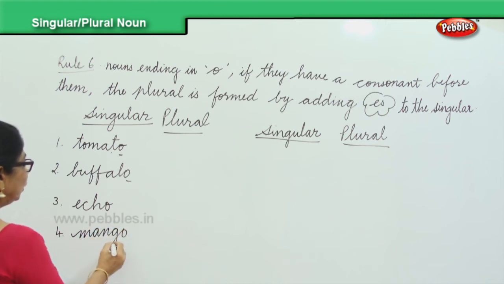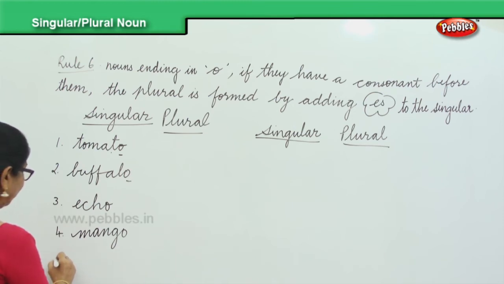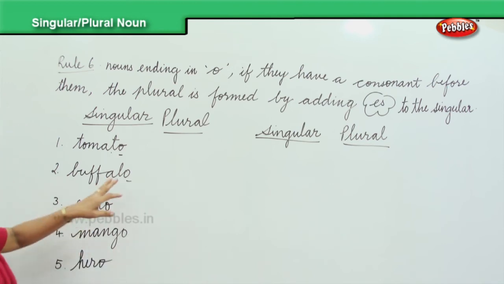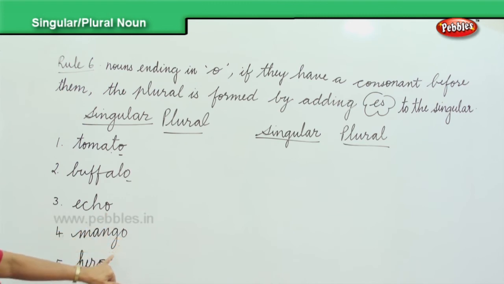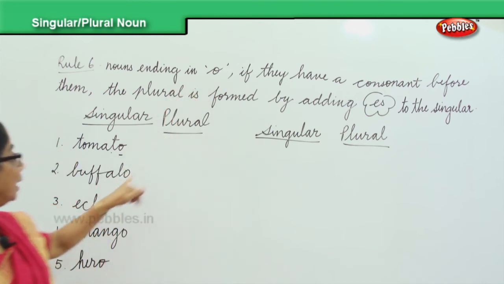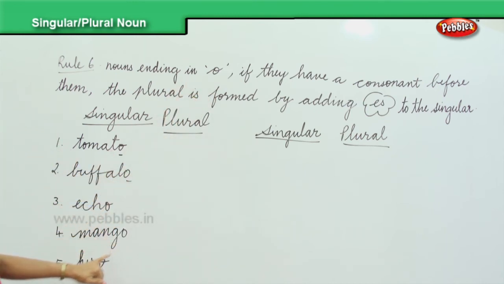Ending in O. There is a consonant before it. Hero. In all this, tomato, buffalo, echo, mango, hero, all ending in O, and there is a consonant before it.